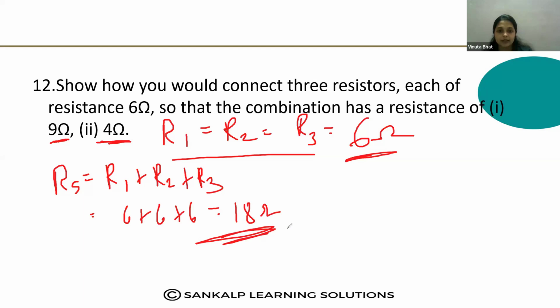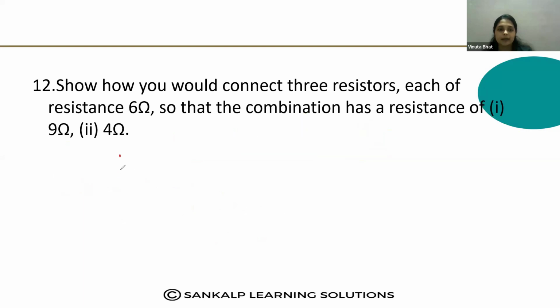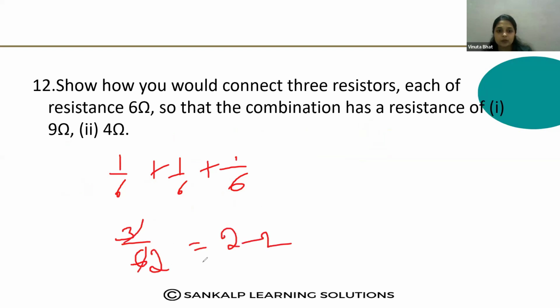So it will be 18 ohm, so it is not possible. When it is connected in parallel, that is 1 by 6 plus 1 by 6 plus 1 by 6. Just check it. 6 divided by 3, 3 twos are 6. So it will become 2 ohm. So it is also not possible. It is not 9 ohm or 4 ohm. So now what do you have to do?